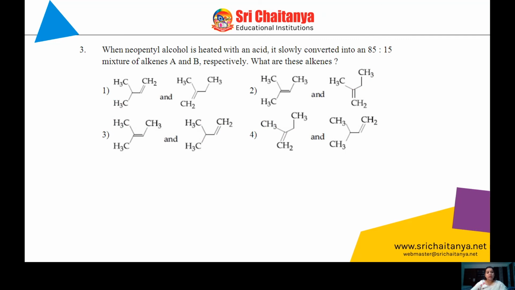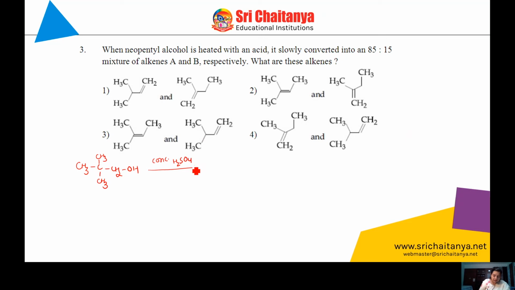Moving to the next question. It is, when neopentyl alcohol is heated with an acid. I'll take the neopentyl alcohol structure, which is CH2OH. It does not define which acid, but as the products are alkenes, I prefer the use of concentrated H2SO4.